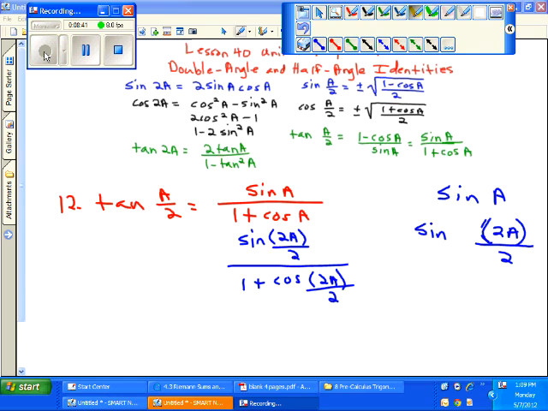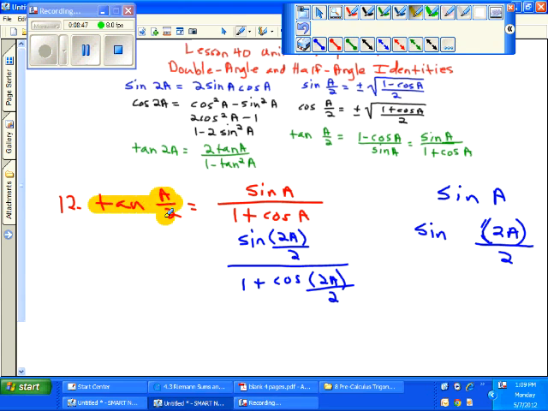Okay, so what we're looking at in our mind is we're thinking I've got tangent A over 2. And I know that there's a relationship between sine, cosine, and tangent. That relationship is the fact that sine A over cosine A is equal to tangent A. We know that.